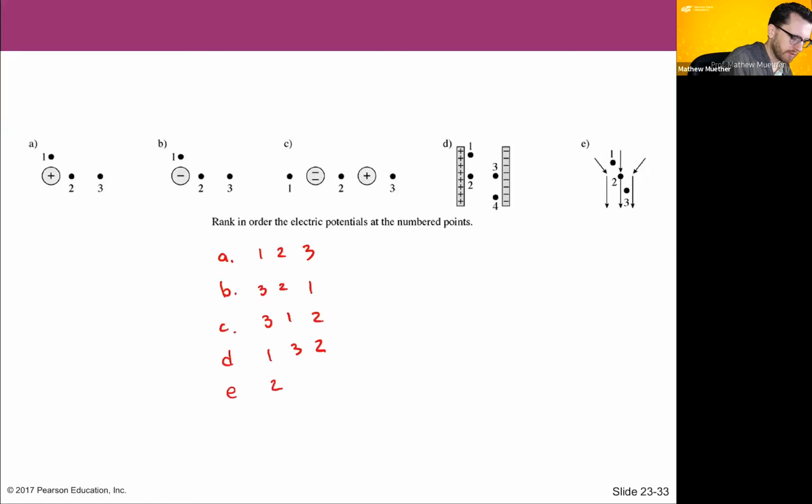Oh, I don't have enough spaces here, right? I don't know if I have enough choices on our poll to do this here. So if it's F, this last one could be 2, 3, 1. If it's F, I guess just don't respond to the poll, and I'll know that means it's the one not on this. I should have extended the poll today.